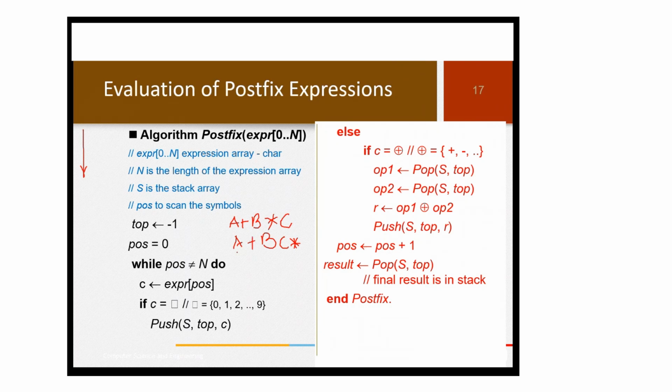The first operand is A, the second operand is BC star. So first operand A, then BC star, the two operands, then plus.